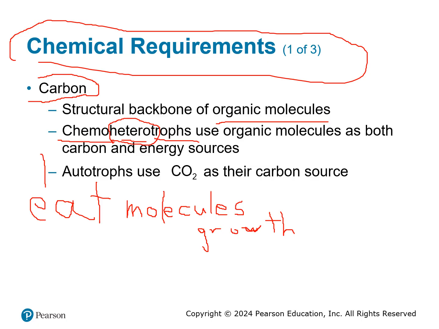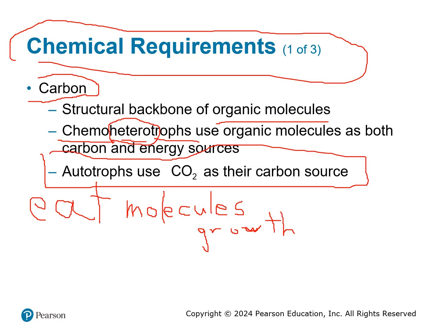Okay, then we have autotrophs. Autotrophs are, for example, plants and some bacteria that can use CO2. They get the CO2 out of the air. I'm sure you heard of photosynthesis. Let's use green for the word photosynthesis. I'm sure you learned about this in elementary school. So plants take the CO2 out of the air.